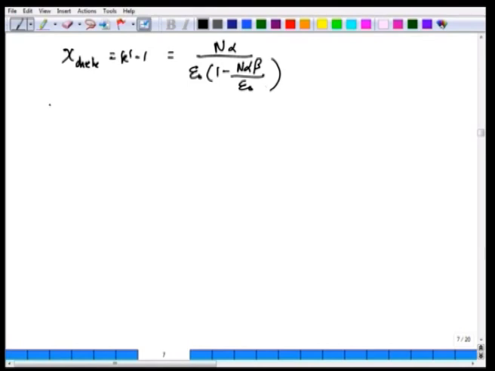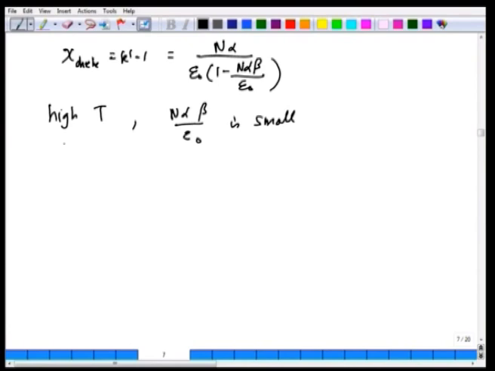At high temperature, n alpha beta by epsilon naught is small, because at very high temperature this alpha is small, as temperature is trying to randomize all the dipoles. You can neglect this quantity in comparison to 1 and you will get some small dielectric susceptibility value.